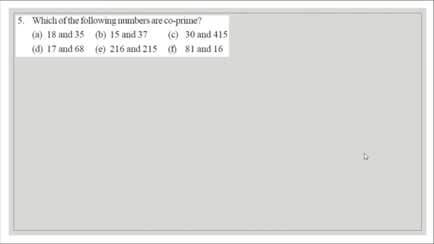Question number 5. Which of the following numbers are coprime? I'll give a little brief on the meaning of coprime.